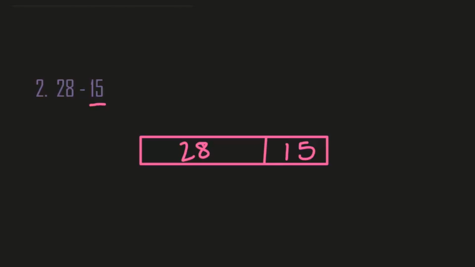To make this problem easier, let's divide 15 into two different spaces. Like this. Again, this would be our 10, and this part would be our 5. But notice, this time we're not adding, we're subtracting. So now, we do 28 minus 10.